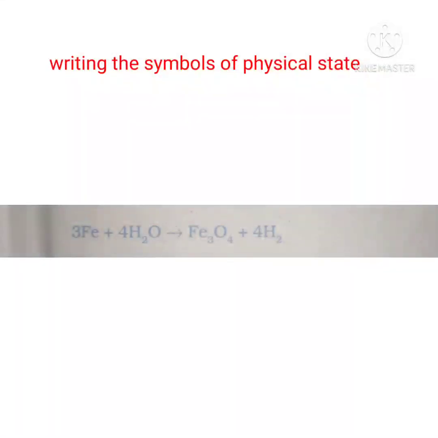Examine the equation given. We have already seen this equation and we also balanced it. The equation is 3Fe plus 4H2O gives Fe3O4 plus 4H2. Does this equation tell us anything about the physical state of each reactant and product? No information has been given in this equation about their physical states.